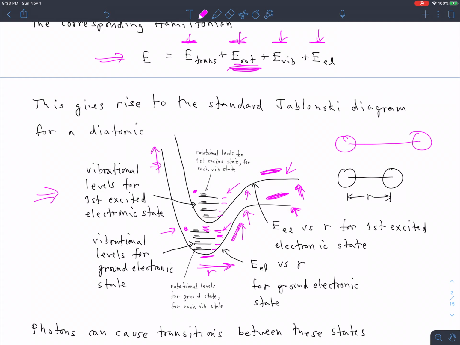So we will see basically that these rotational levels are there and they have an effect, but they smear out and make the bands look a little wider and fatter than they otherwise would be. We're basically going to average over all these rotational transitions. All right, so that's what the energy levels for a diatomic molecule look like.